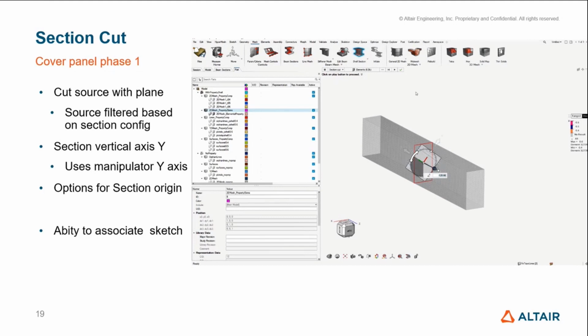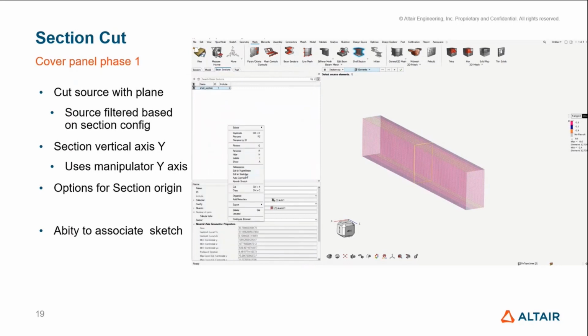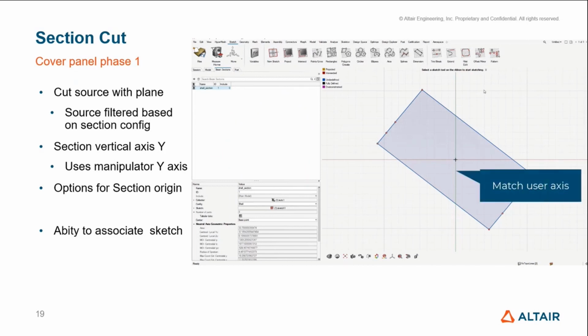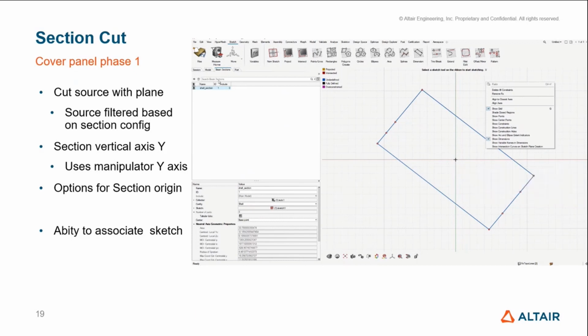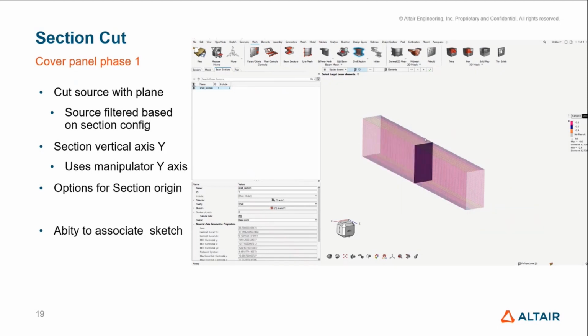If I proceed with this specific orientation, and since we turned on create sketch at the same time, we can review in sketch that generated section. You can see that the section is tilted because it matches the user axis that we selected. Now, it has a collection of parts because by intersecting shells with different thicknesses, we generate a part per thickness in this case.